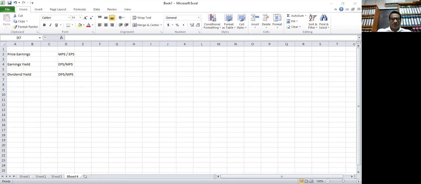Then we have dividend payout. Dividend payout is basically DPS over EPS. Then we have price to book value.